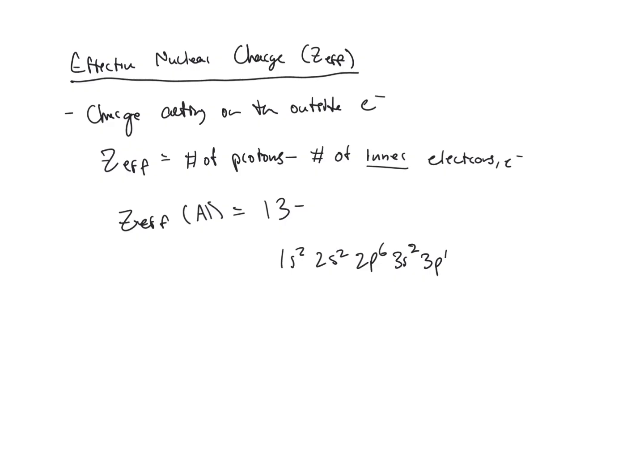In this case, our outer shell is the third energy level, so this 3s2 and 3p1 would be our outer electrons, and therefore the 2, 2, 6 of 1s2, 2s2, and 2p6 would be our inner electrons. So it'd be 13 minus, altogether in parentheses, 2 plus 2 plus 6, which is 13 minus 10. And so our effective charge being felt by those outside electrons is going to be 3.